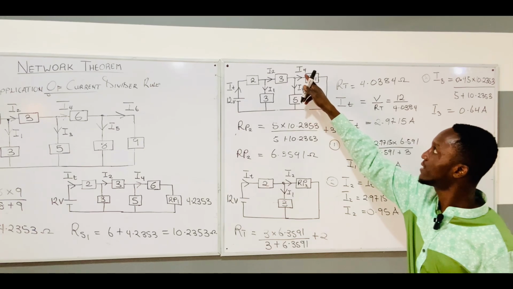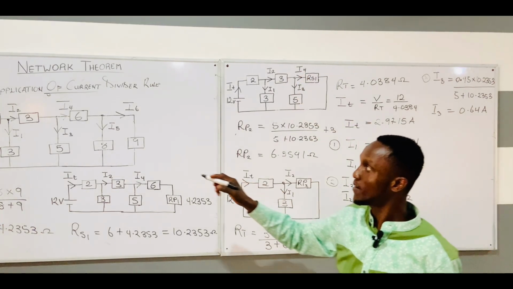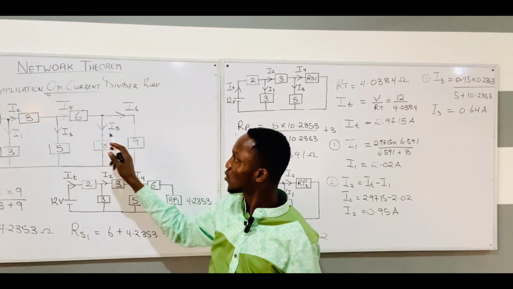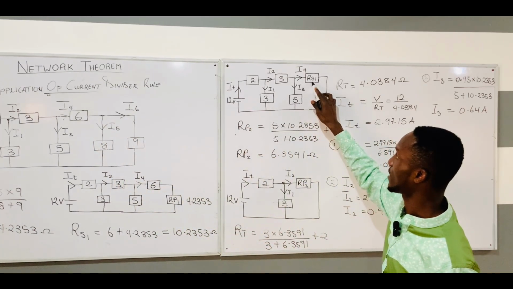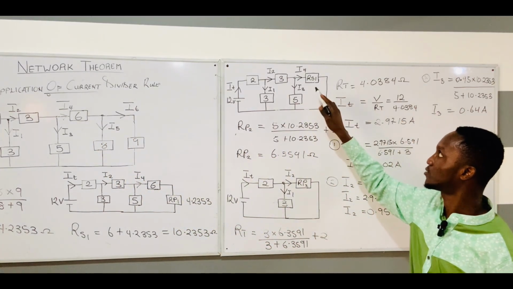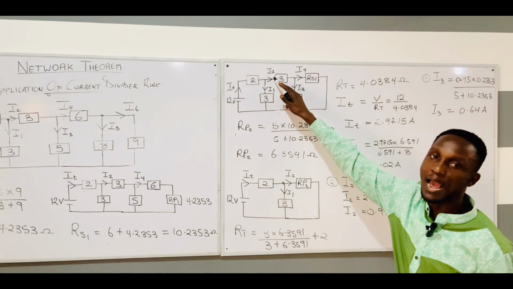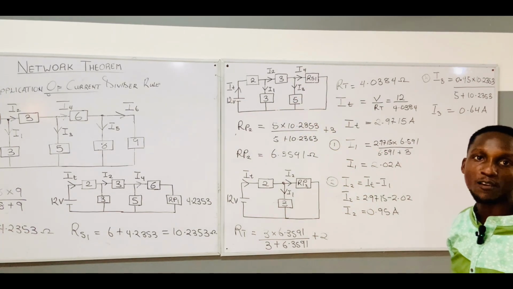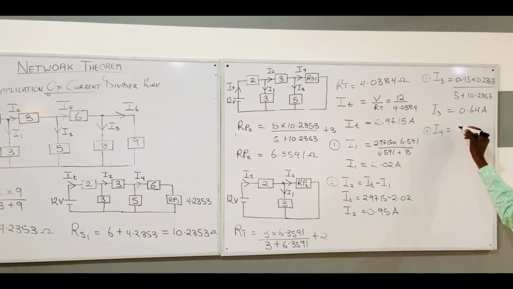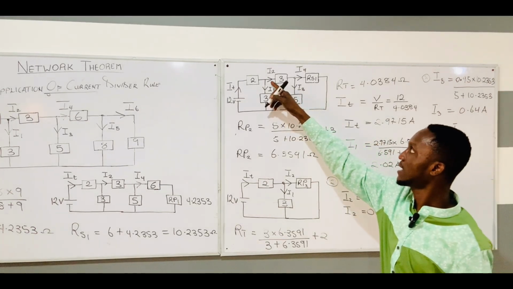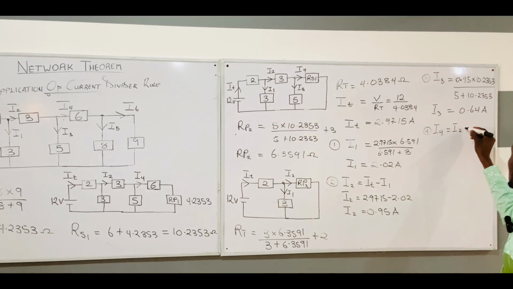Now I can find the current I4 at this branch, because I've been able to resolve I3. I don't need to use current divider rule again. So let's subtract this value from I2 to get I4. Our fourth solution becomes I4, which is the total supply current I2 minus I3.